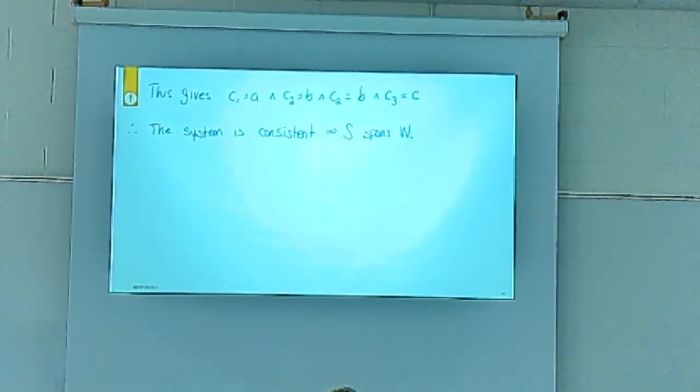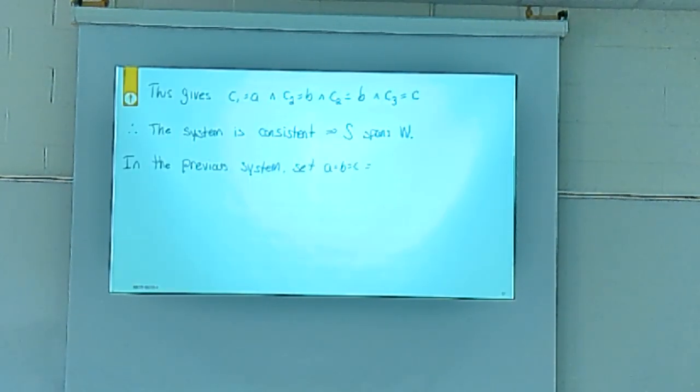Is the set linearly independent? Well, set A, B, and C ought to be 0, right?